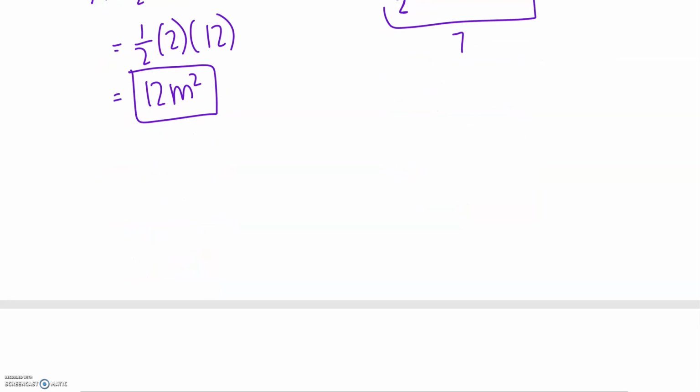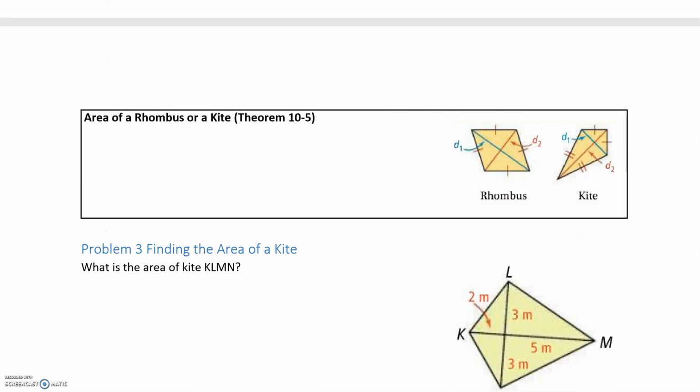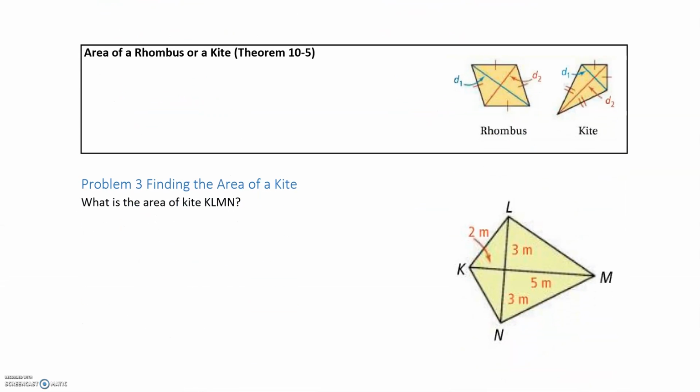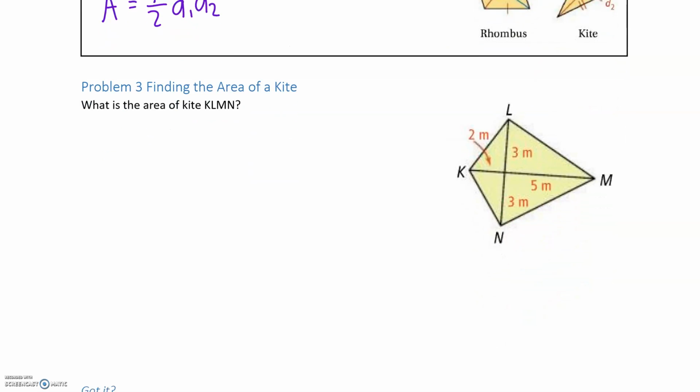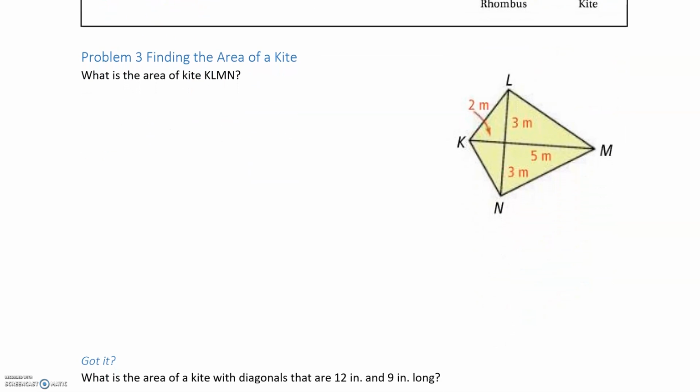On to our next page. We are looking at the area of a rhombus or a kite. We have the same equation for both rhombuses and kites. So our equation is just going to be the area equals 1/2 times one diagonal times the other diagonal. Okay, so right here we have a kite.